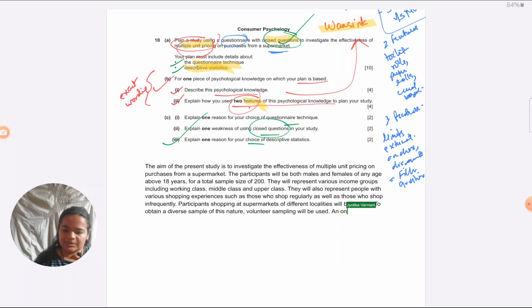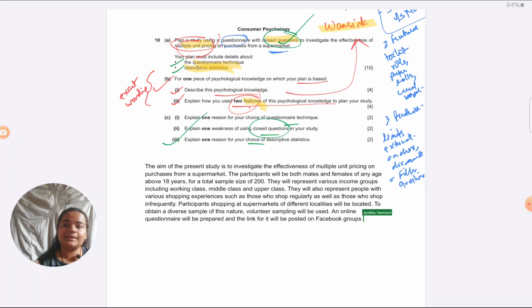An online questionnaire will be prepared, and the link for it will be posted on Facebook, or you could just say generally social media platforms, on Facebook groups.